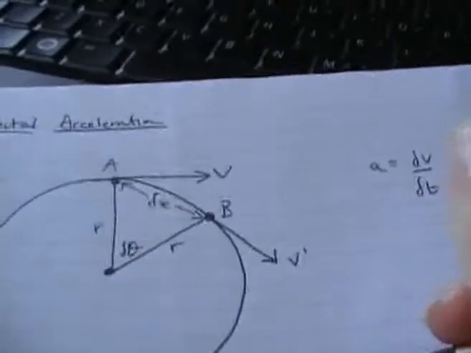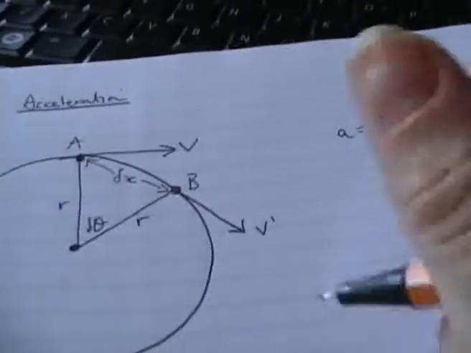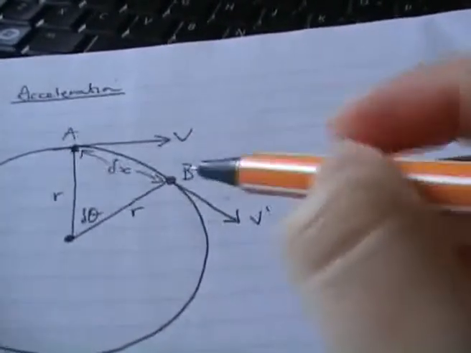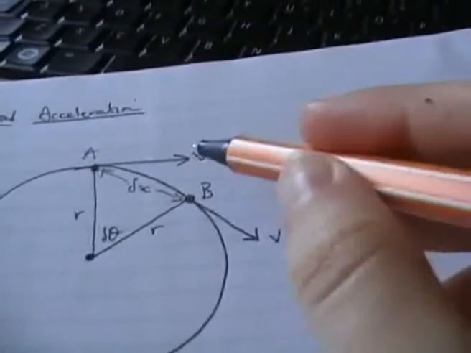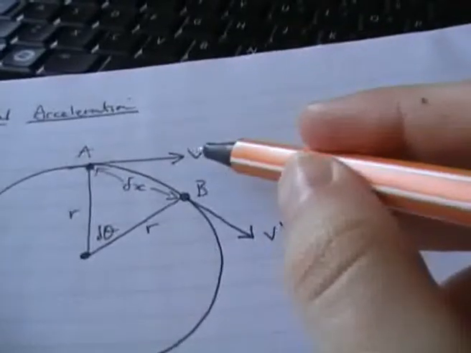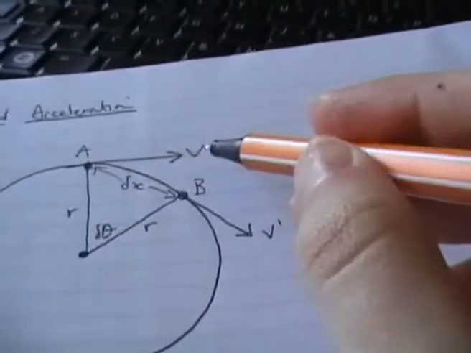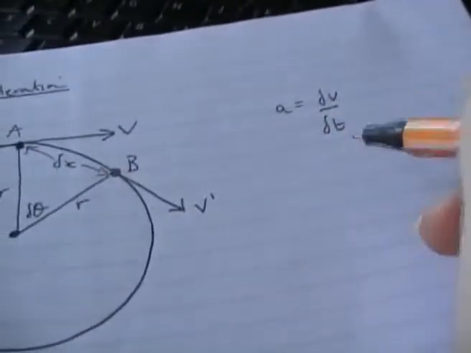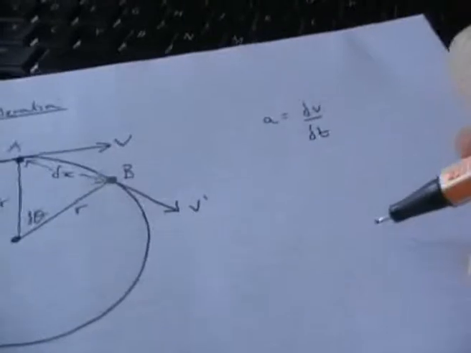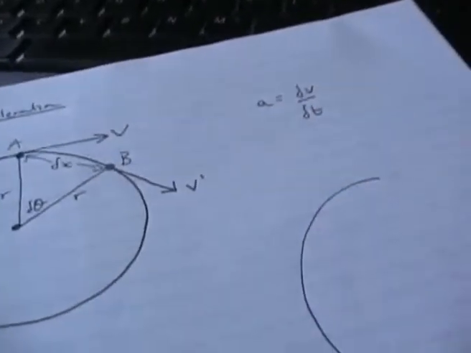Okay, let's go back to these velocity vectors. We want to know the difference in velocity between these two. And the interesting thing is, if you plotted the velocity over time, you'd end up with something pretty similar to this diagram. Since acceleration is the change in velocity over time, we can actually do that. So let's draw another circle.